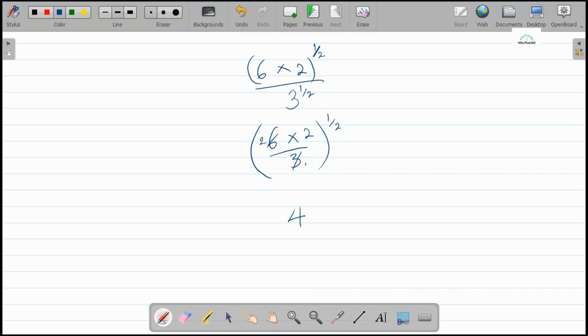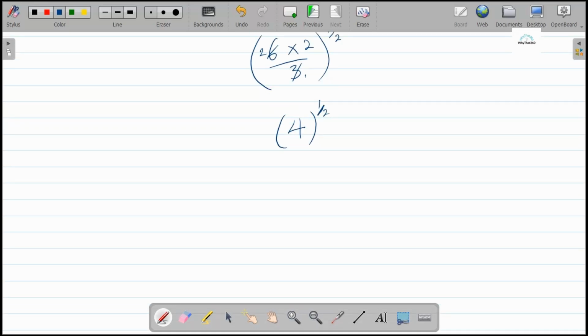That way you get 2 times 2, which is also 4, and 4 to the power 1/2 is what? 4 to the power 1/2 is the same as square root of 4, which is 2, but we're going to express this 4 also as 2 squared, raised to the power 1 out of 2, which goes to be 2 to the power 2 out of 2, and we get the answer as 2 to the power 1.